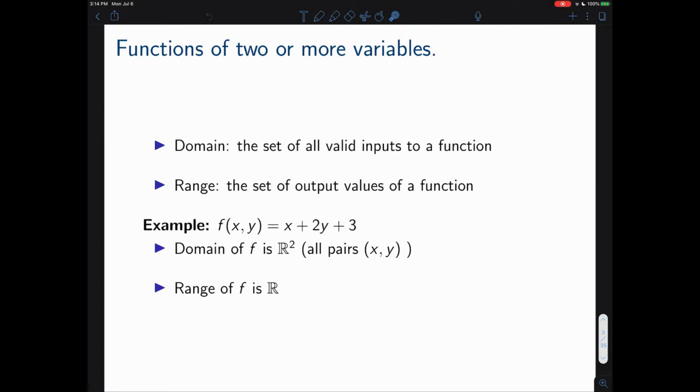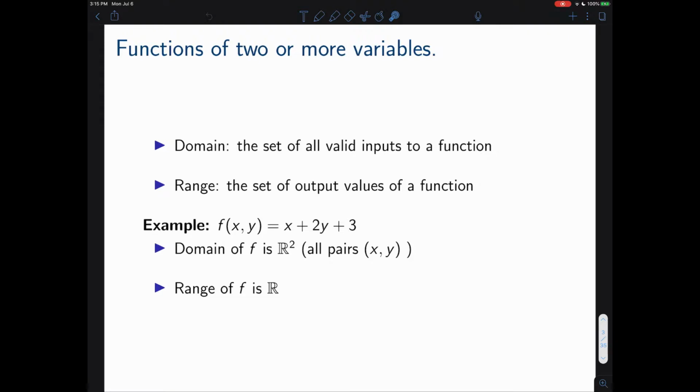Like any function, a fundamental aspect of functions is to look at their domain and range. The domain of any function is the set of all valid inputs to the function, and the range of a function is the set of output values of the function.